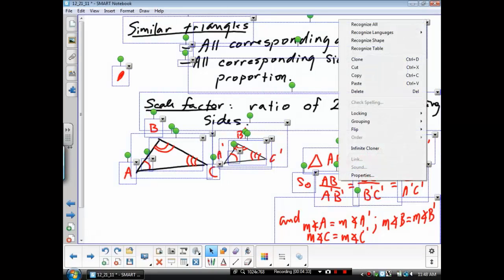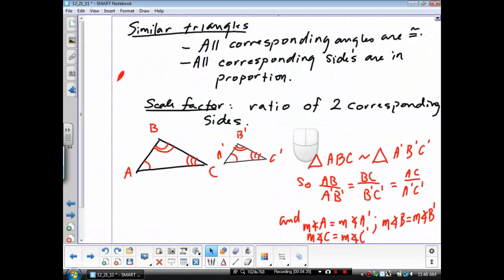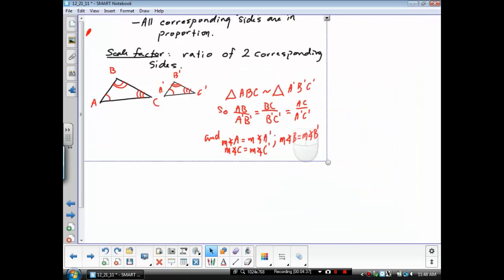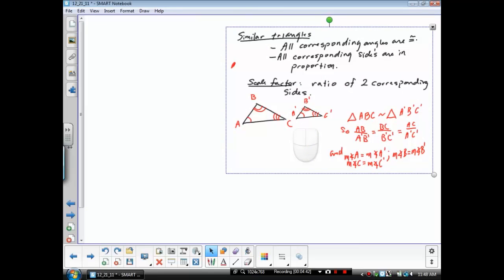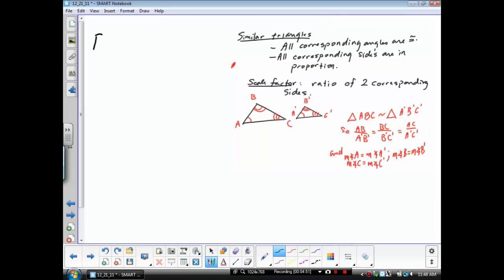Now we're going to use one postulate with similar triangles, and then next section we'll add 2 more theorems as ways to show that triangles are similar. Our postulate 15 is the angle-angle similarity postulate.